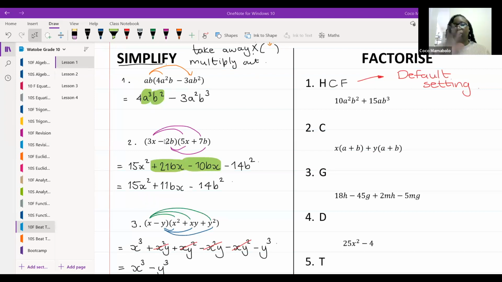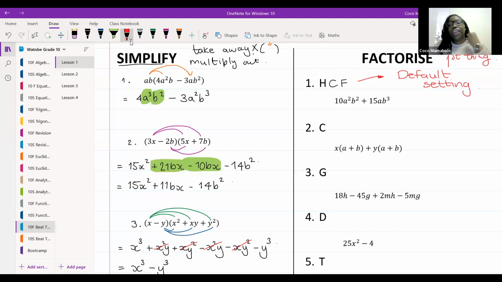Like it's only got the Google installed and the App Store installed. And the default setting also has the Watobe app. And that ugly Vodacom wallpaper in the back that I change immediately, that's what default setting means. It means the first thing.